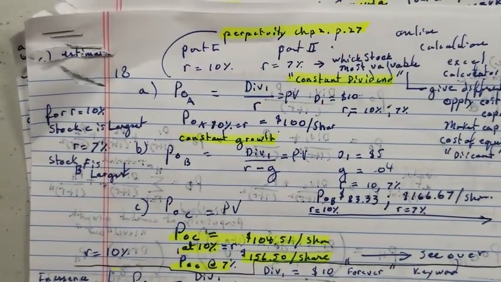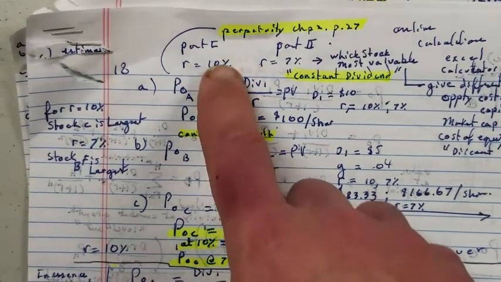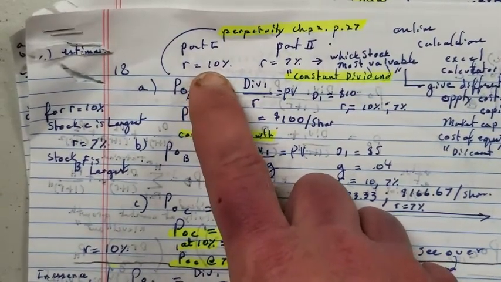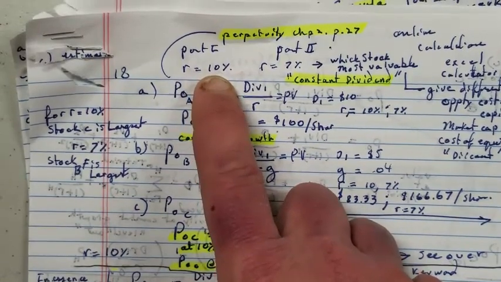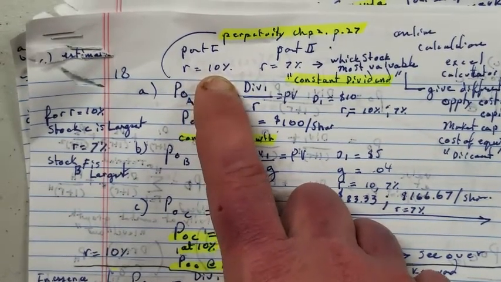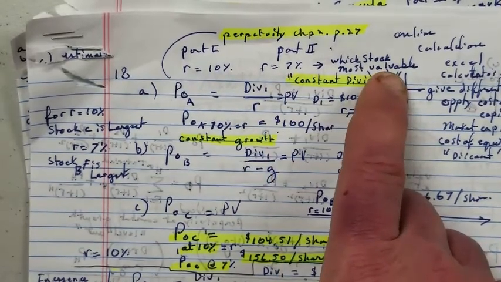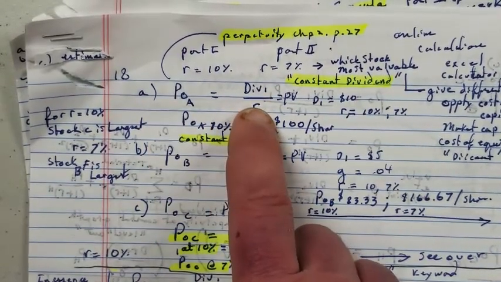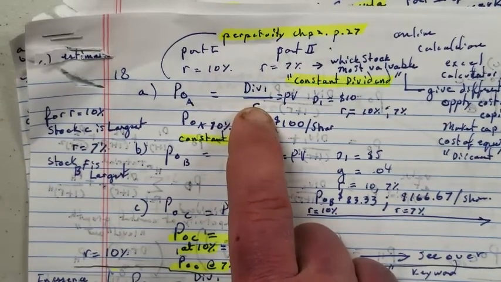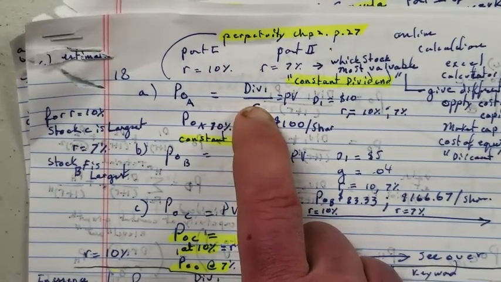So what I did was I said, okay, here's the market cap rate of 10%, or discount rate, versus 7%. Which stock is most valuable? The very first one I did, we really don't need a calculator for this except in the most basic fashion.